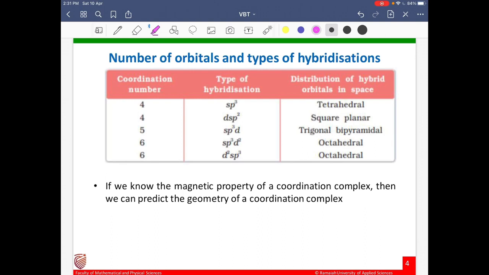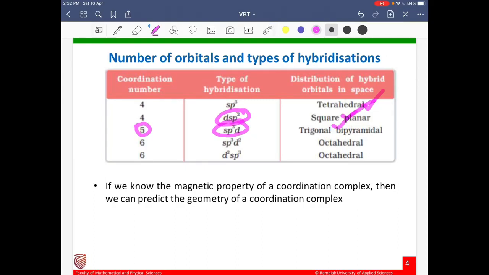If it is following sp3 hybridization, then it will be tetrahedral. If the coordination number is 4 and the hybridization is dsp2 type, then the shape of the complex will be square planar. If the coordination number is 5 and the hybridization is sp3d, then the shape of the complex will be trigonal bipyramidal.